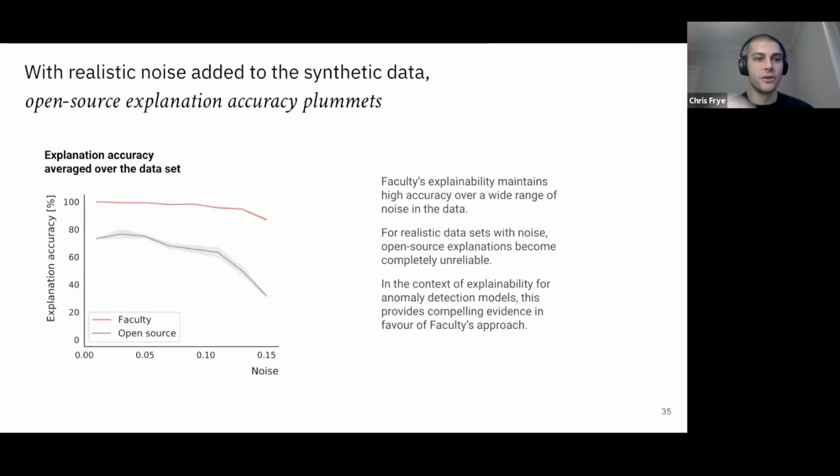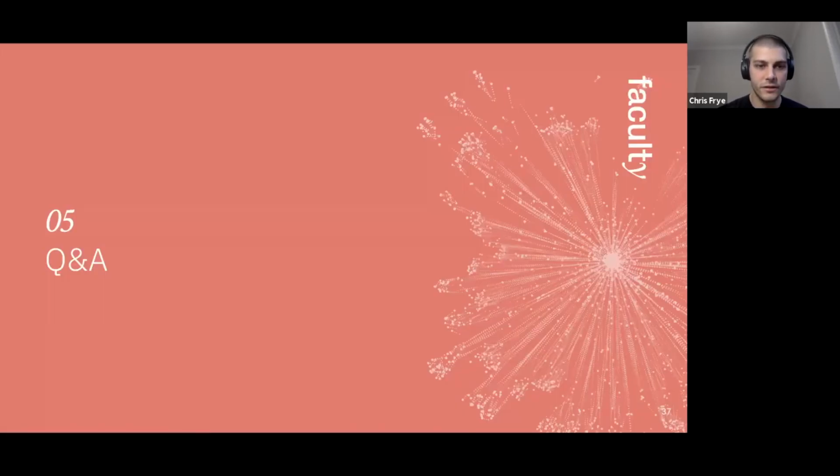This is averaged over the full data set of like 10,000 points or something like that. And faculty's method is often giving correct explanations, 95+% of the time, whereas the open source method is causing errors a significant fraction of the time. All right, back to Q&A.